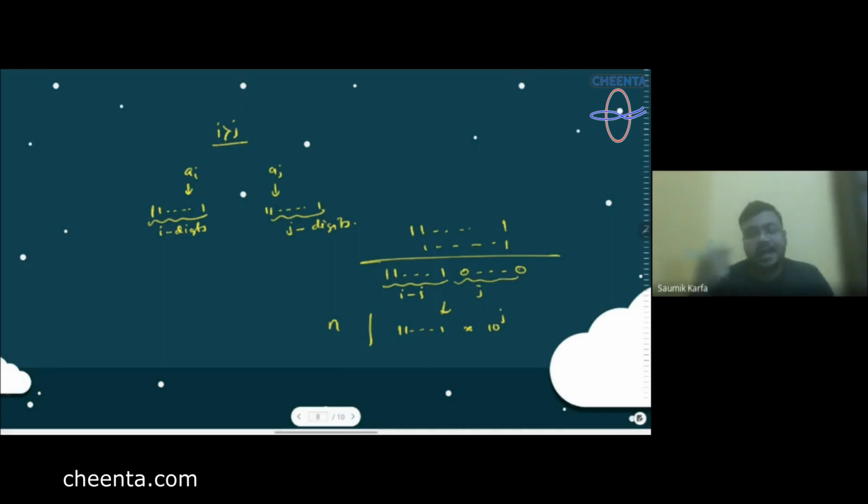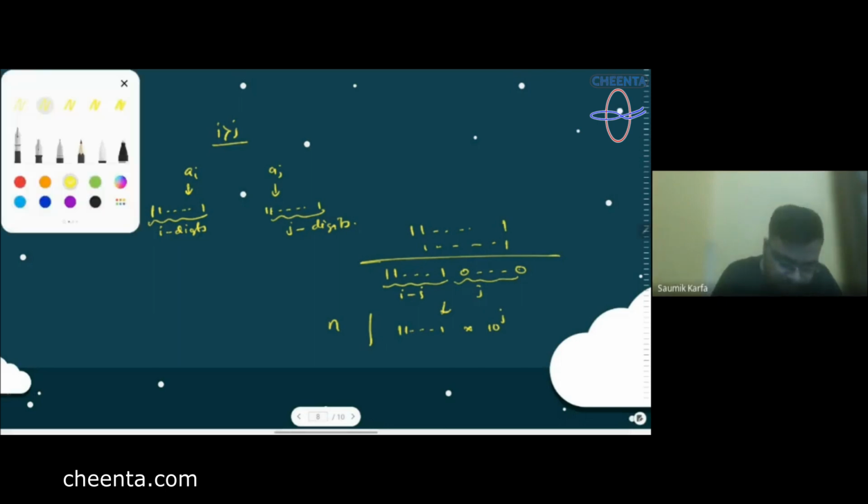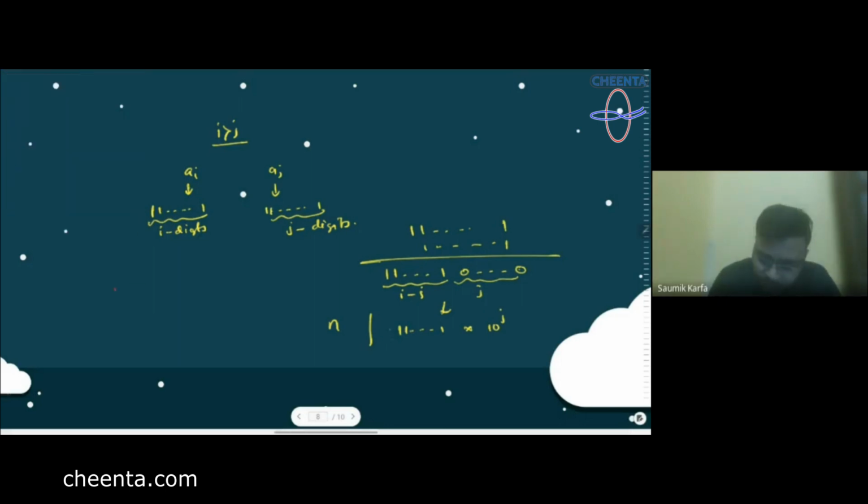Now think, n is not a multiple of 10, and that gives us that n cannot divide 10 to the power J. As n is not a multiple of 10, it should not divide any power of 10 either. But n divides this total product.